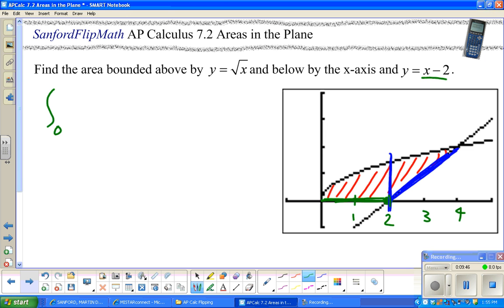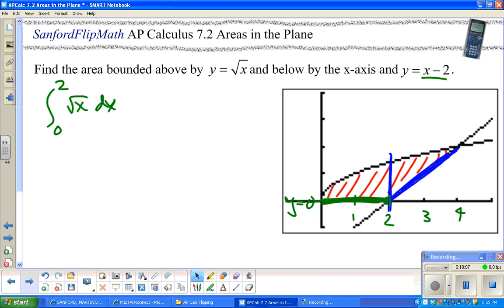And if this were not such a cute little example, you might have to do some work to find that. So I'm going to do the integral from 0 to 2 of the square root of x dx. And I don't have to worry about a top curve minus a bottom curve so much because the bottom graph on this is just y equals 0.